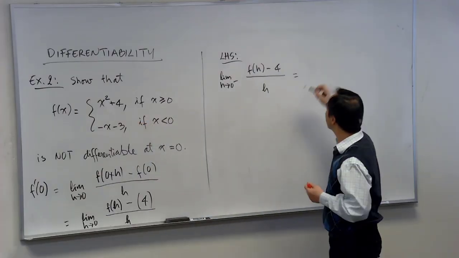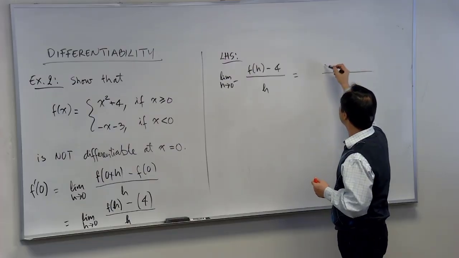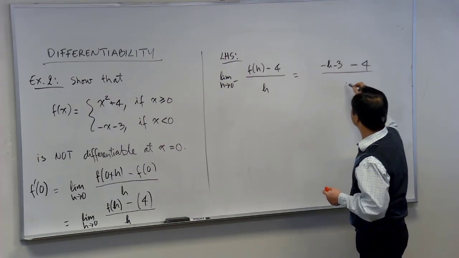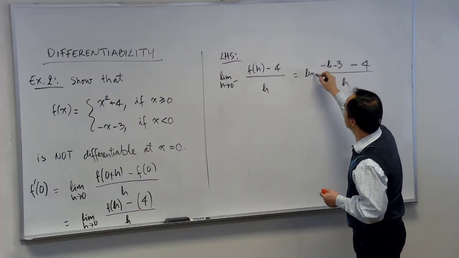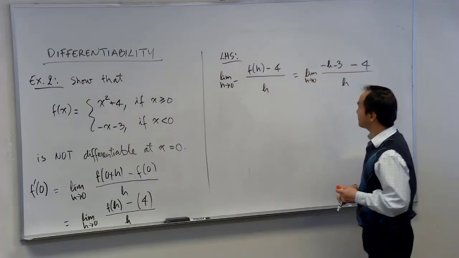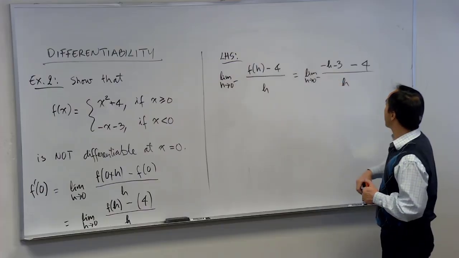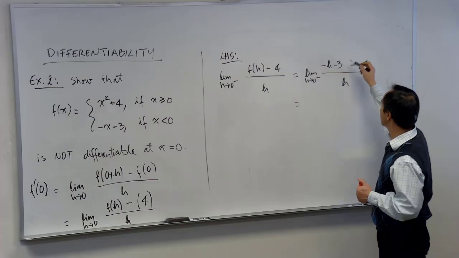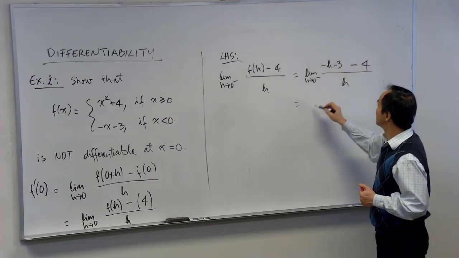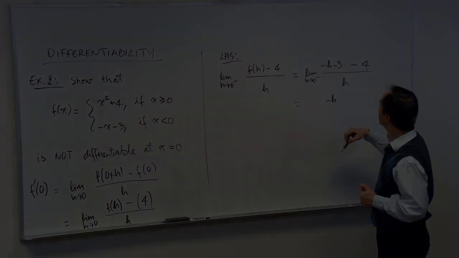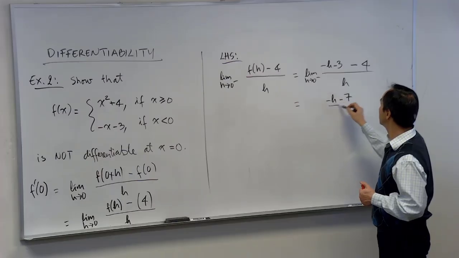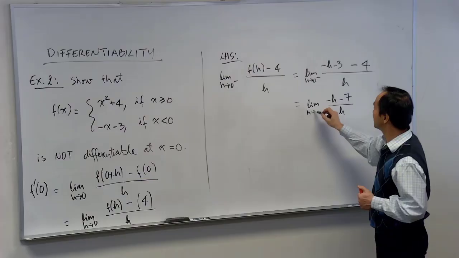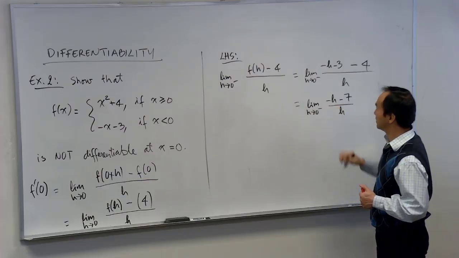So I'm looking at minus h minus 3, and then I'm subtracting 4, over h, taking the limit as h goes to 0 from the left-hand side. That comes out easy enough, it's a minus 7. So we've got minus h minus 7 over h, as h goes to 0 from the left-hand side.